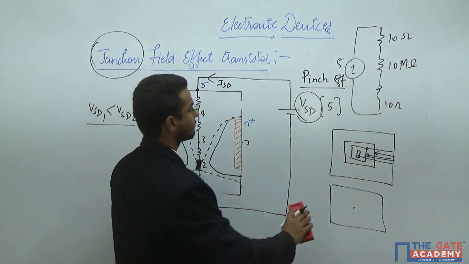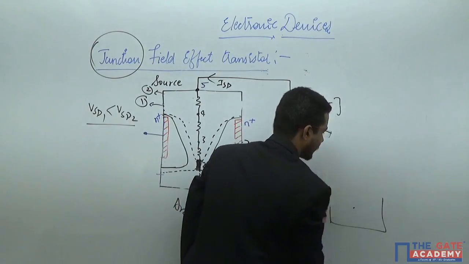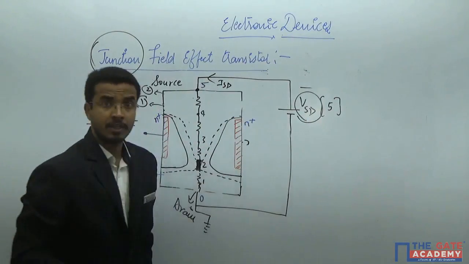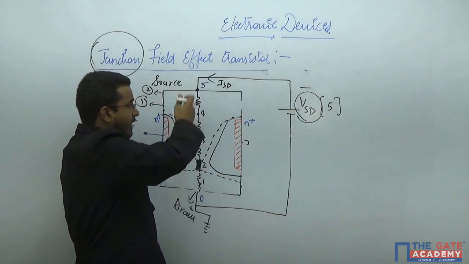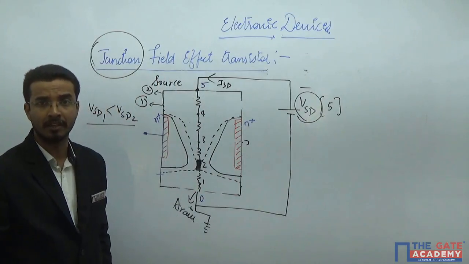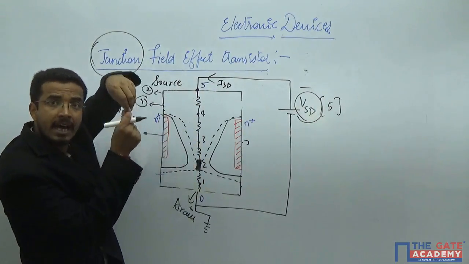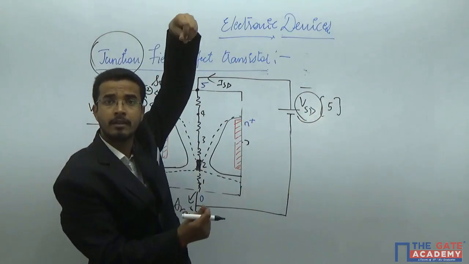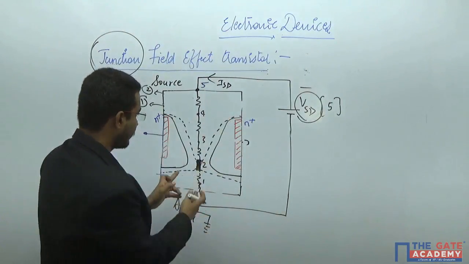Previously, when you assumed that the voltage changes sharply from 5 to 0 and throughout the device has the same type of potential, then the depletion region from here to here, the entire channel, provided a highly resistive area, so you would not get any current. But what is happening here?